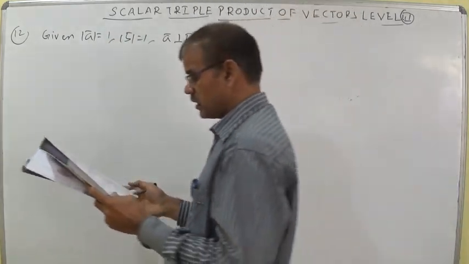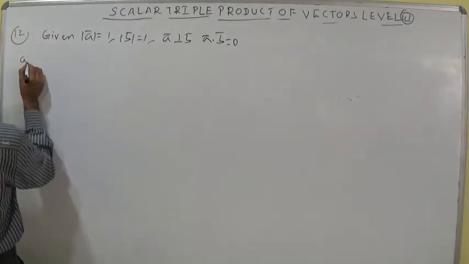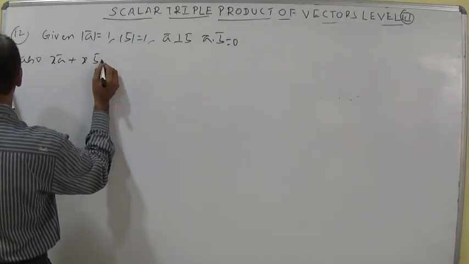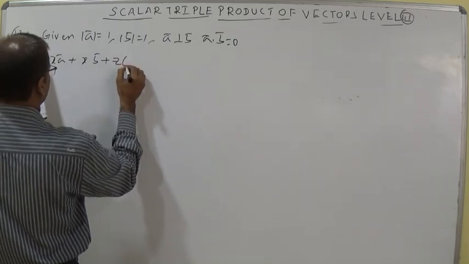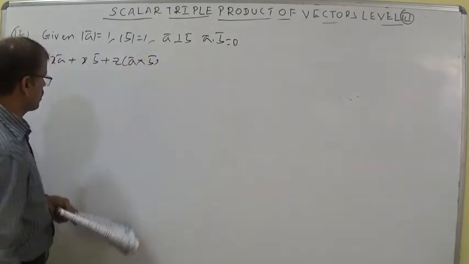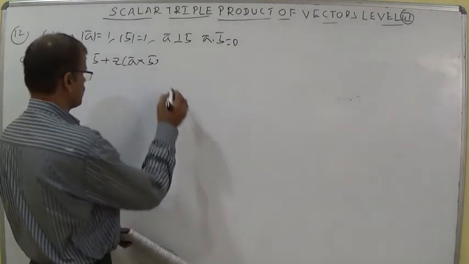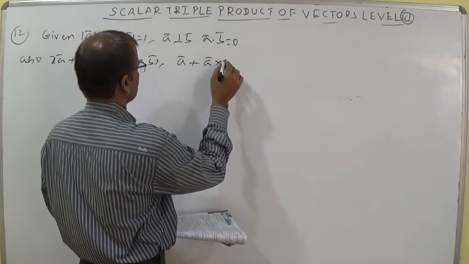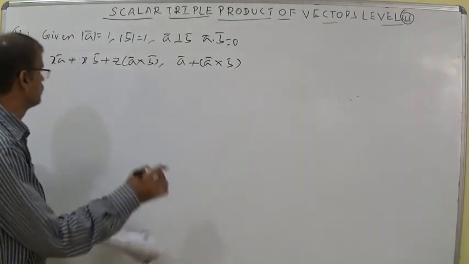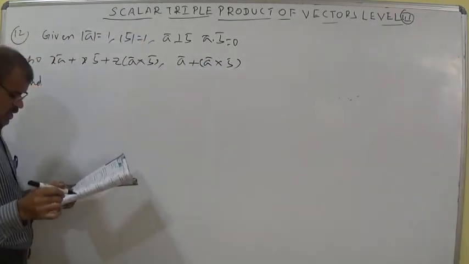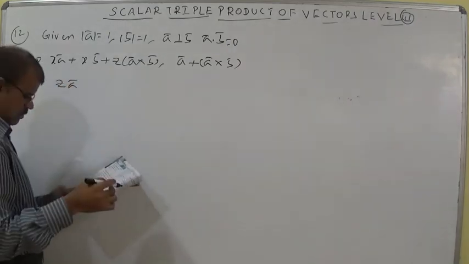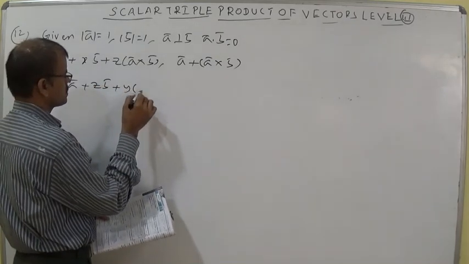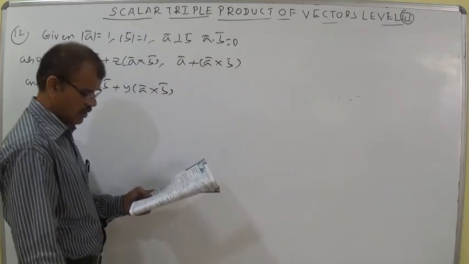That is the condition. Also another condition: the vectors XA bar plus XB bar plus Z into A bar cross B bar, that is, XA plus XB plus Z into A cross B, comma, simple A bar plus A bar cross B bar, and another vector ZA bar plus ZB bar plus Y into A cross B, lie in a plane.